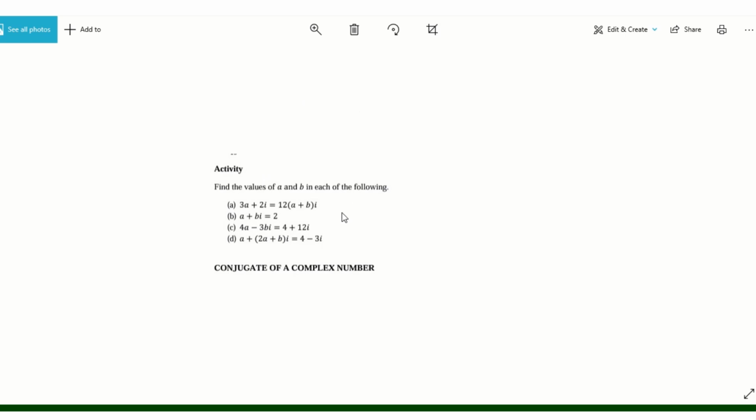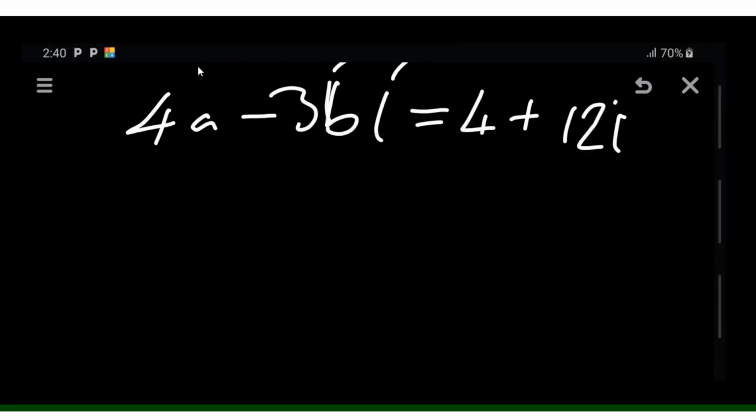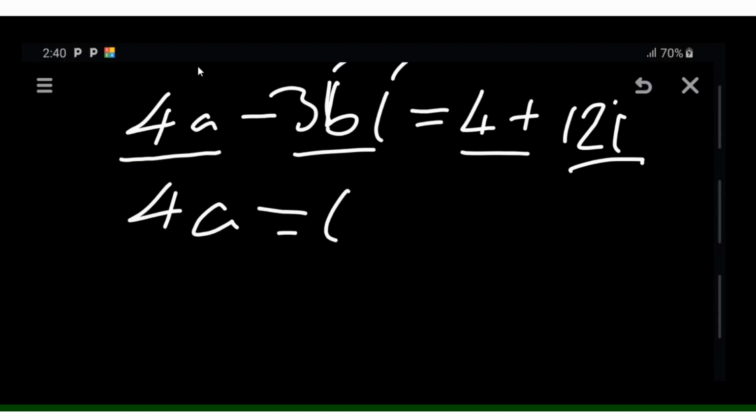Question c is 4a minus 3bi is equal to 4 plus 12i. Same thing. As I said before, we equate the real part to the real part and the imaginary part to the imaginary part. So I'll have 4a equal to 4.